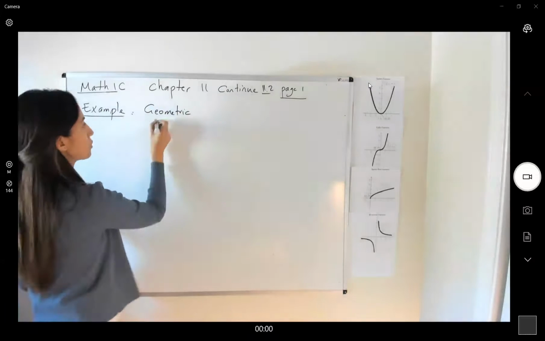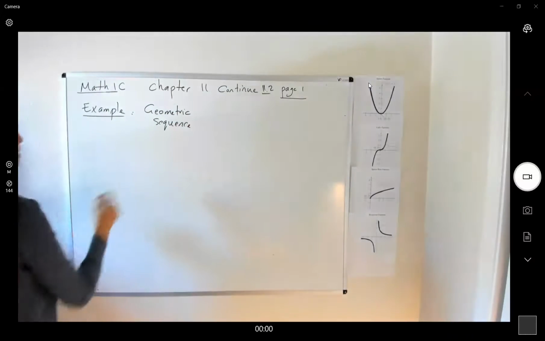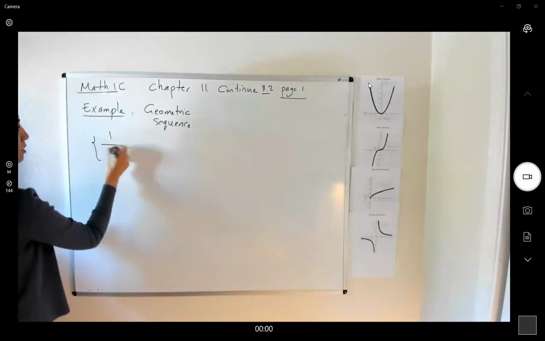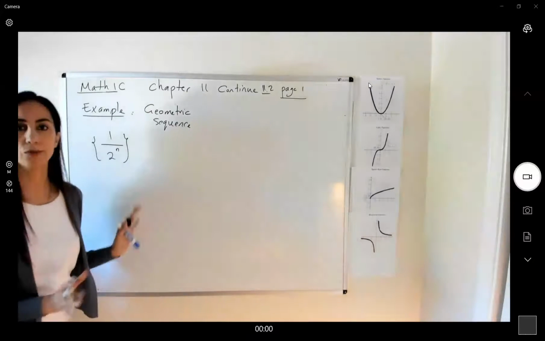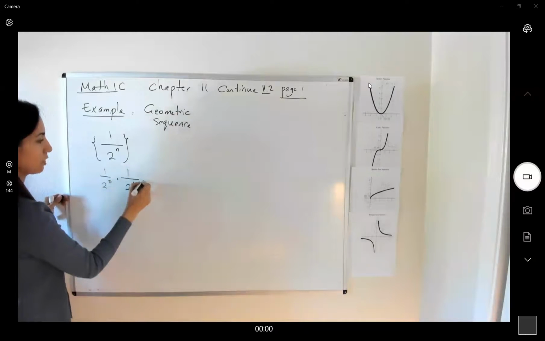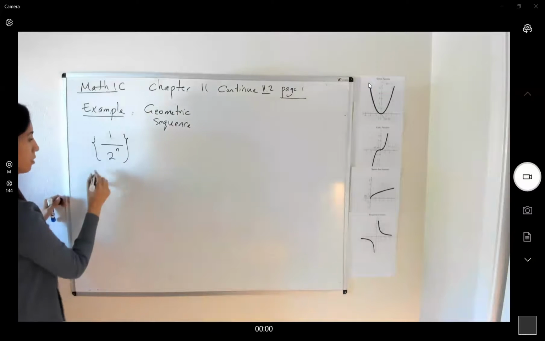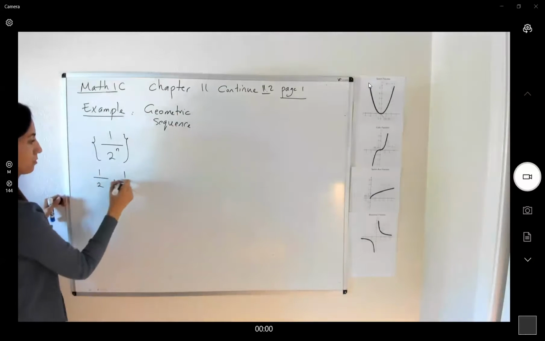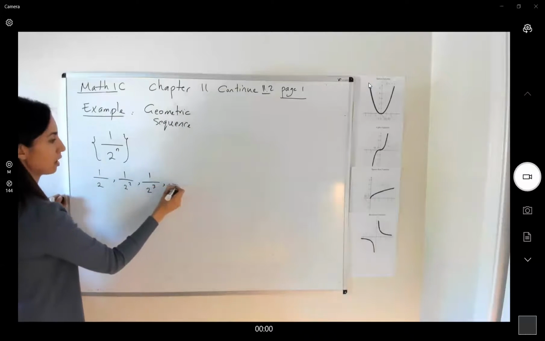Consider this geometric sequence: 1 over 2 to the n. And you know that the terms of this sequence are like this: 1 over 2 to the first. This is the first term, and it continues with 1 over 2 squared, 1 over 2 to the third, and so on.